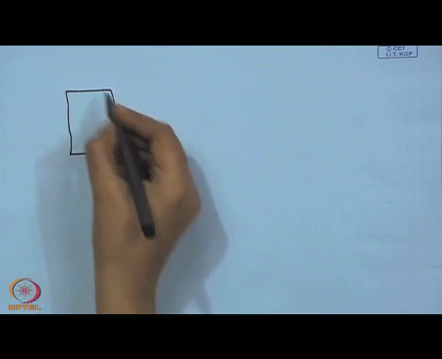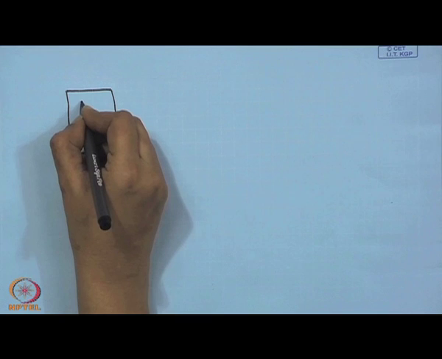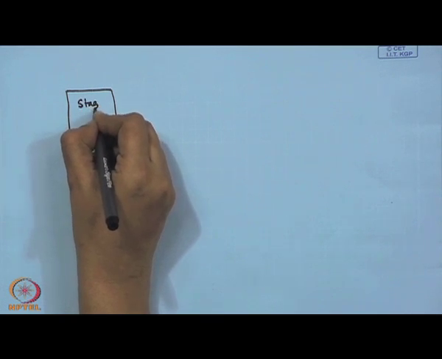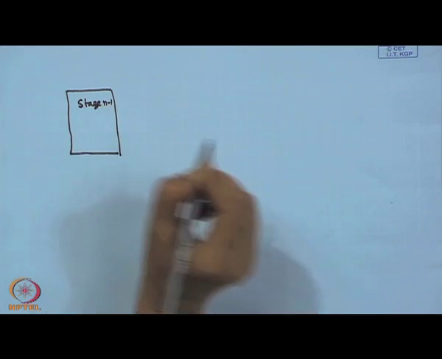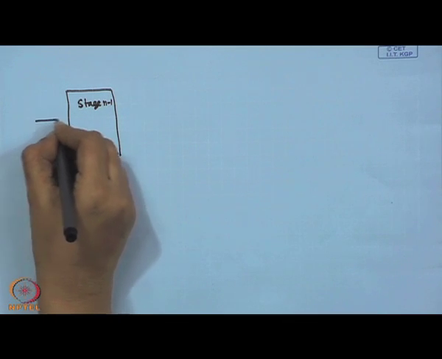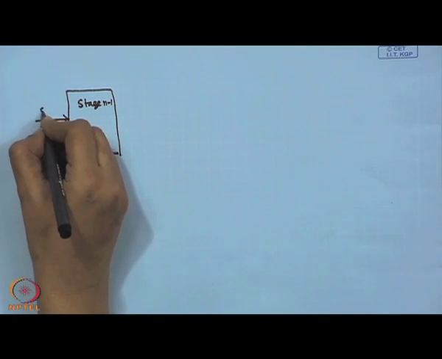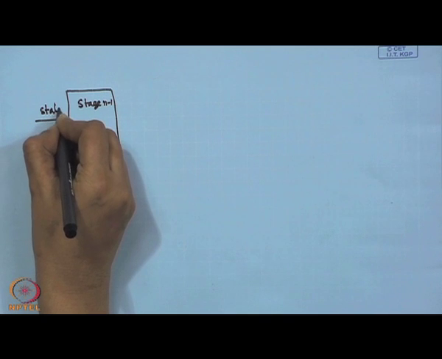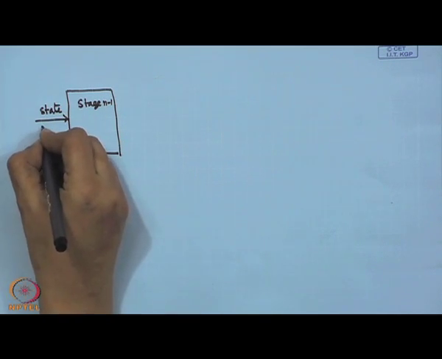If we discuss the forward recursive process, that means I am in stage n minus 1. Here the inputs are, for every stage, as we know, there are several states.